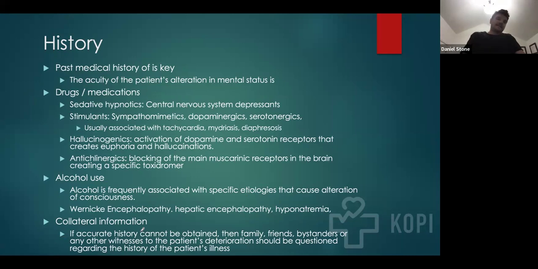So this is a little bit more of a reiteration of what I already said. But it's important to talk about their drugs and their medications, mostly because things classify into different drug classes. You want to make sure that they don't have any of these drug classes on their medication list. In the United States, elderly patients are commonly prescribed medications like sedative hypnotics, and medications that can stimulate the central nervous system.